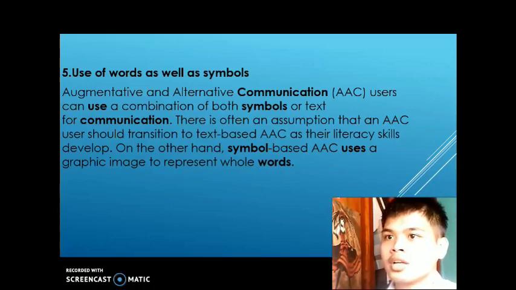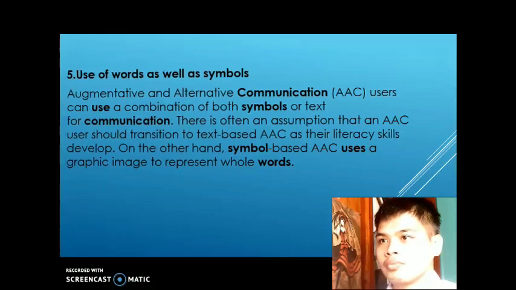There is often an assumption that an AAC user should transition to text-based AAC as their literacy skills develop. On the other hand, symbol-based AAC uses a graphic image to represent the whole word.